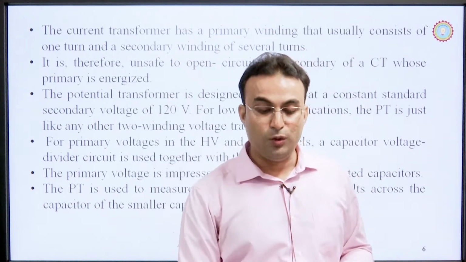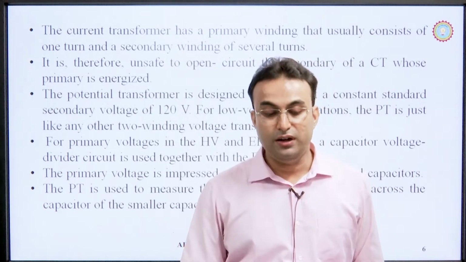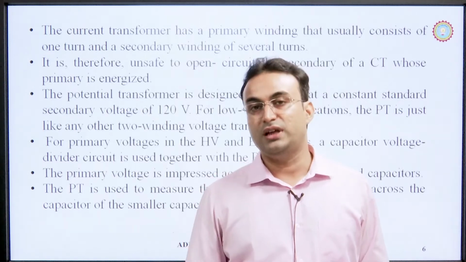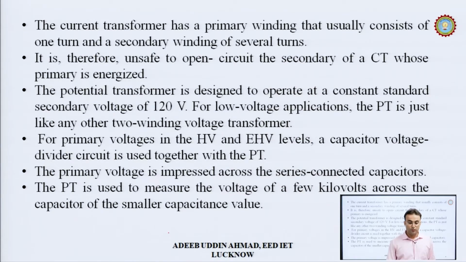Now the current transformer has a primary winding that usually consists of one turn, and a secondary winding of several turns. That is why in substations you can see the current transformer having a bar type structure.